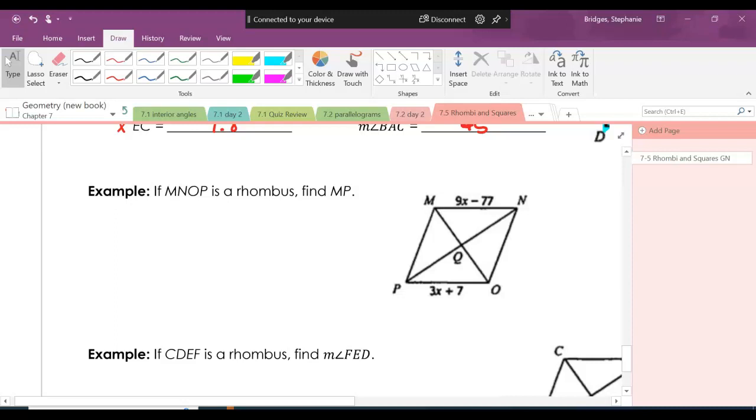What do you know about these two? Right. Equation. They equal each other. That's all we know. Yep, now solve for X first.